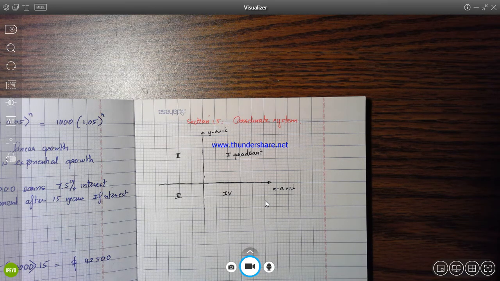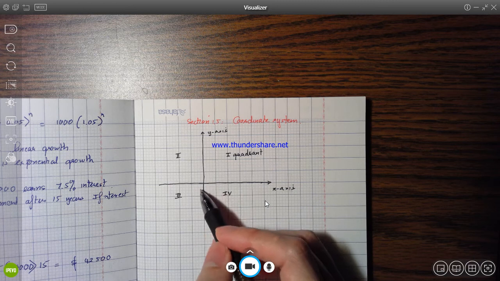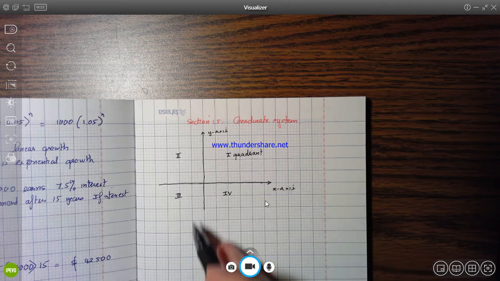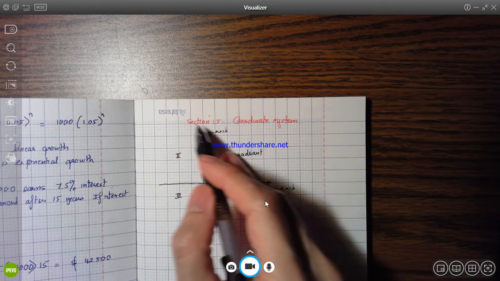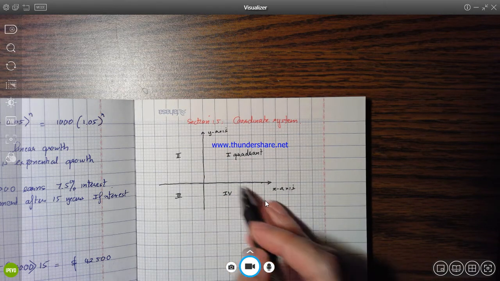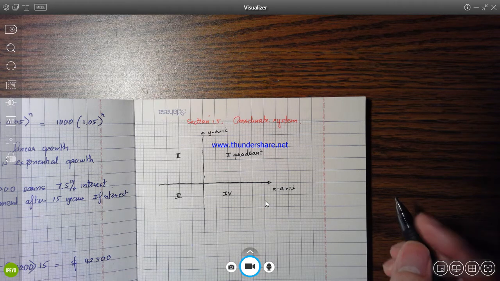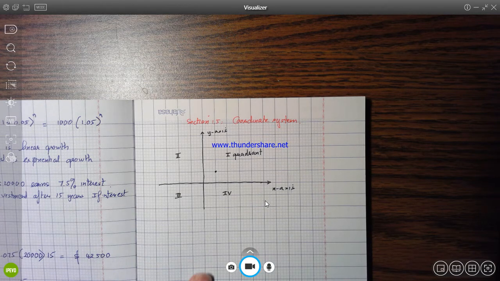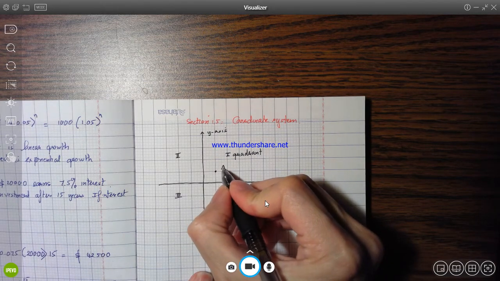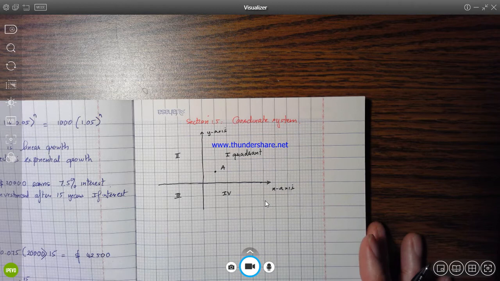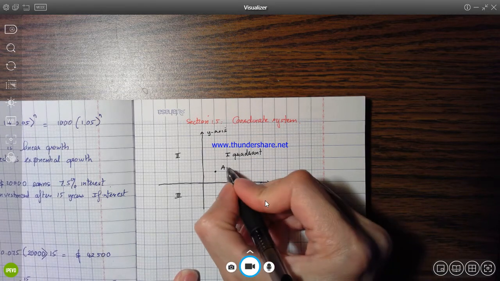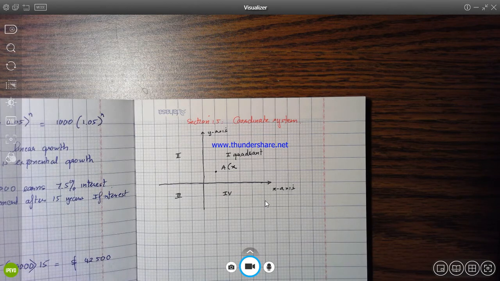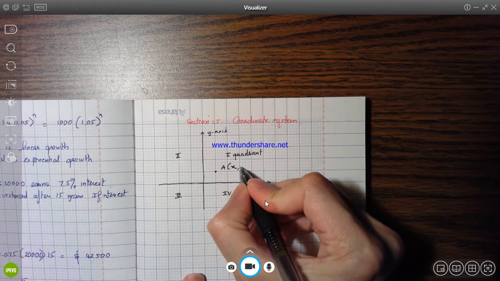Each point on the xy plane, or the coordinate system plane, has 2 components. If I pick a point right here, I call it point A, and this point A has 2 components. The first component we call the x component, and the second component we call the y component.